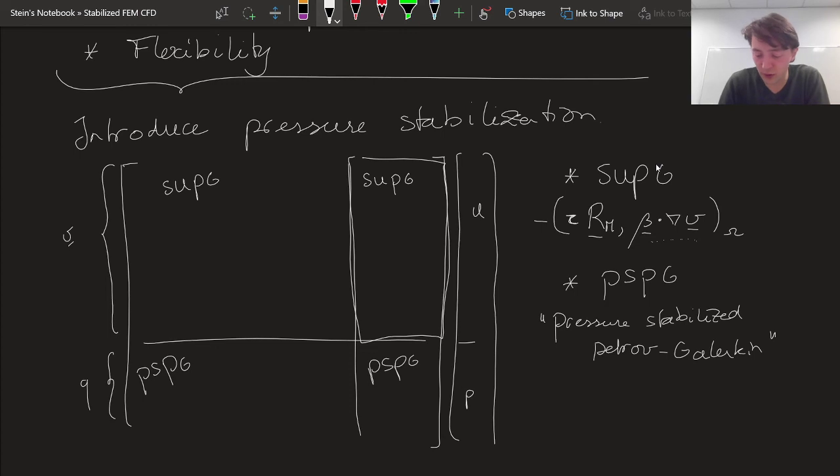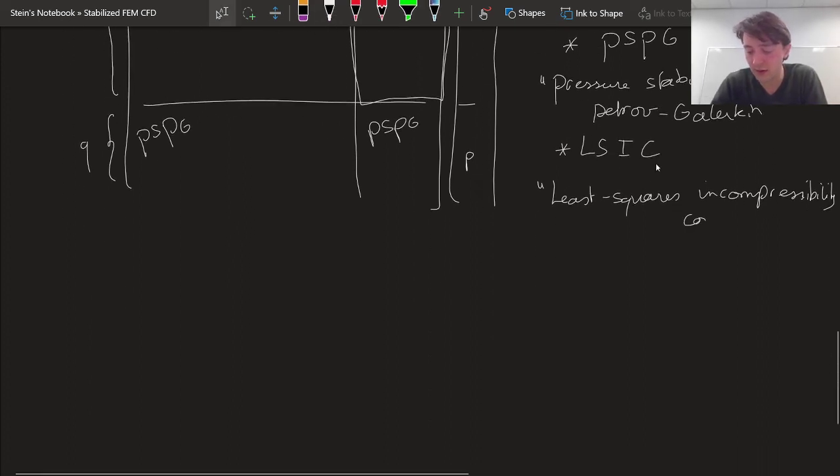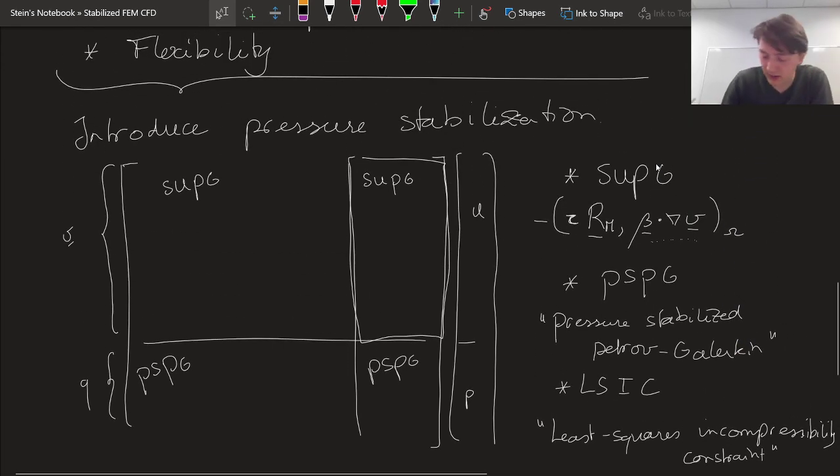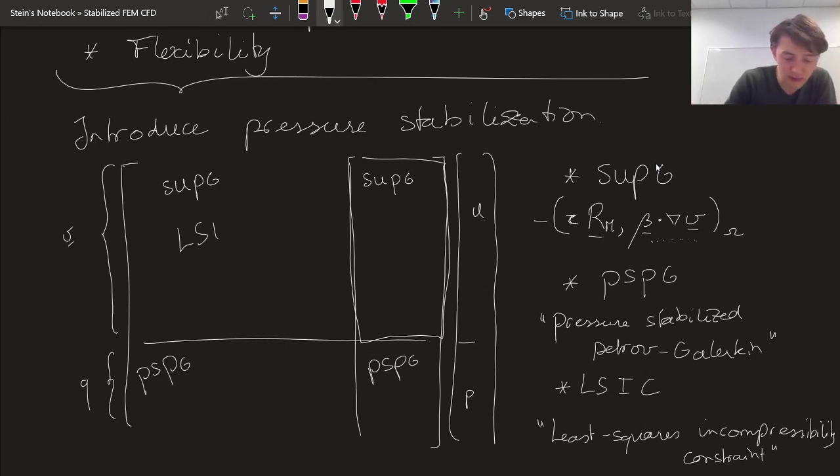And then we'll use one more stabilized method, and that is the least squares on the incompressibility constraint. And that is only going to affect this block.